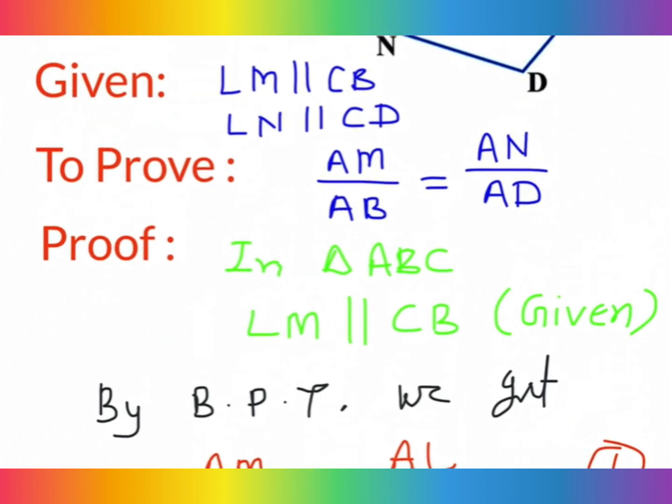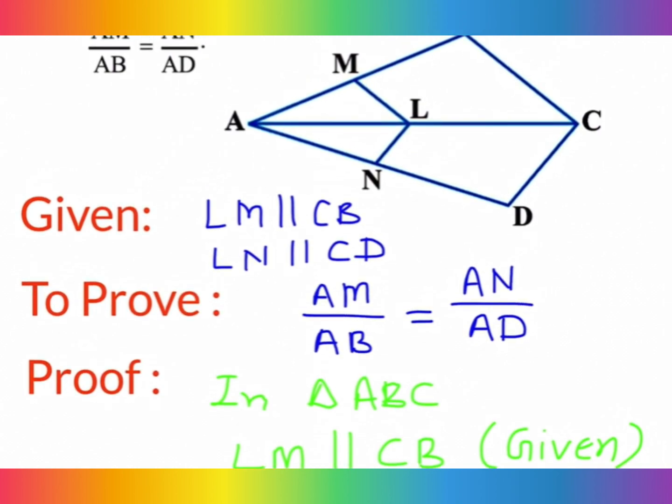Now you move to the second triangle. You can observe the second triangle is ADC, otherwise you can say triangle ACD. In this triangle, LN is parallel to DC. This is given, LN parallel to CD.